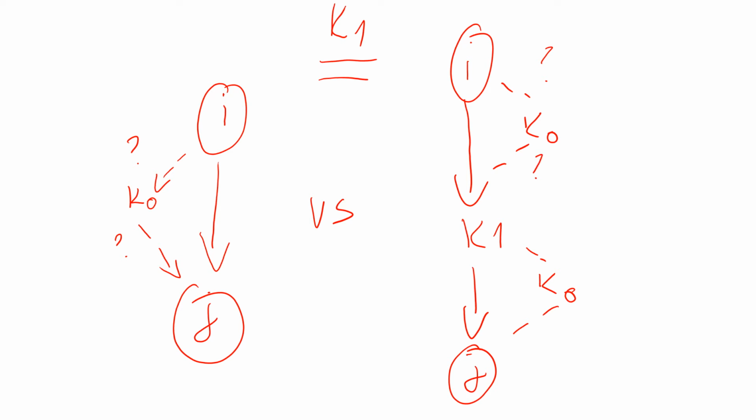Because in the last loop, we knew that there was a choice of I to K1 or I to K0 to K1, if that was somehow shorter.